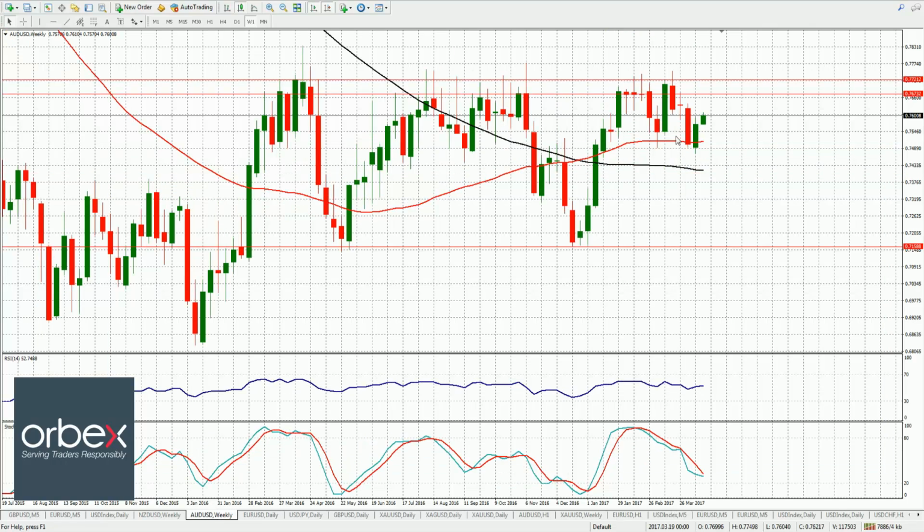As for the Aussie, again, we stayed above the 50-week moving average. Last week we had a retracement to the upside, but so far we have a strong start to the week, but it's still the same as I said before. The Reserve Bank of Australia is not letting the Aussie go any further above the 77.20s or even 78.